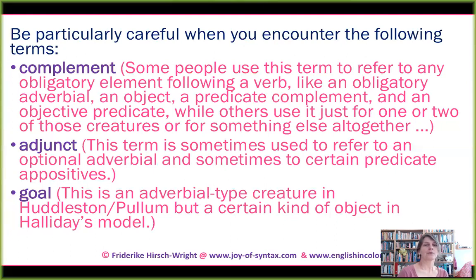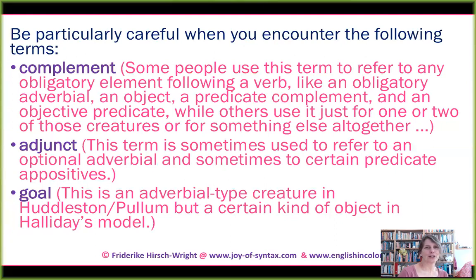And as I said, sometimes we're aware of it and sometimes we're not, and often it's a mixture. Adjunct is often an optional adverbial element, but it can also be other optional elements like predicate appositives. So again, just to be careful.